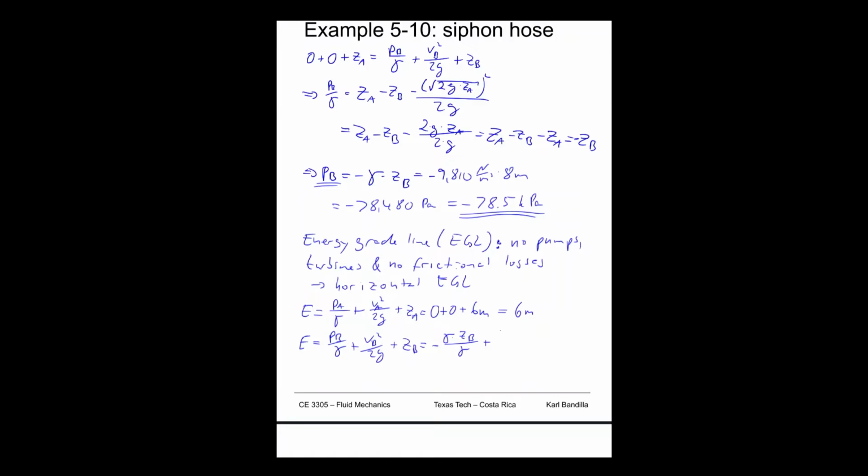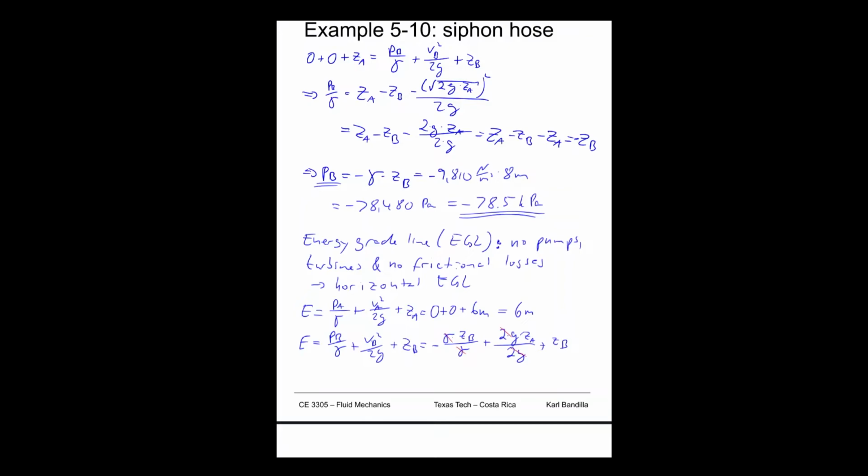So we'll have 2 times G times ZA, all that divided by 2G. And then our height ZB was 8 meters, or just leave it as ZB, I guess. All right, so if we look at this now, these gammas here cancel out.